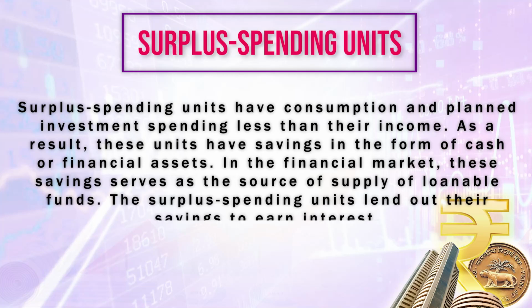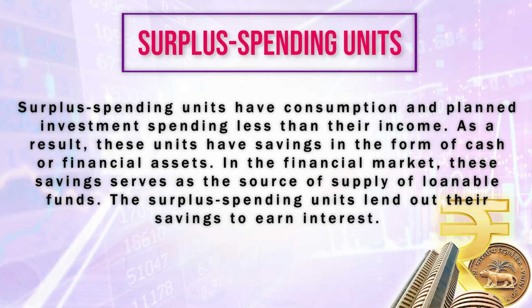As a result, these units earn some savings in the form of liquid cash or in terms of some financial holdings. This savings is the source of supply of loanable funds in the financial market. And obviously, these units try to lend these savings into the market to earn some rate of interest.